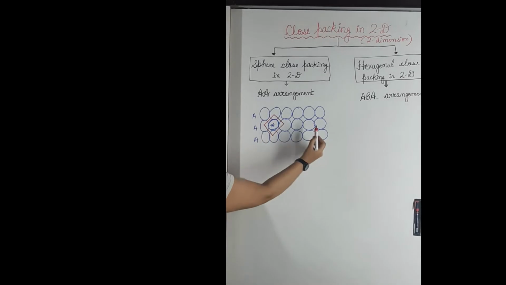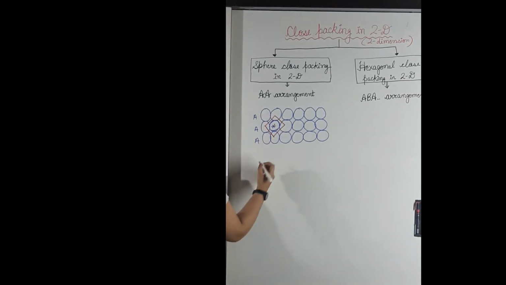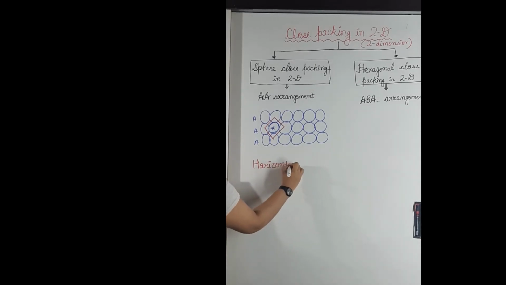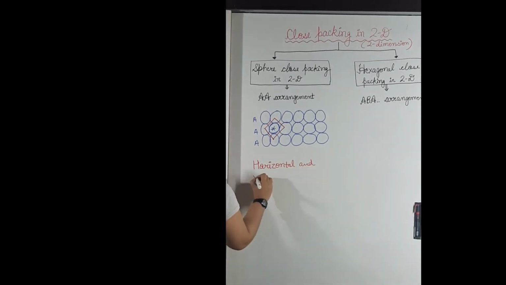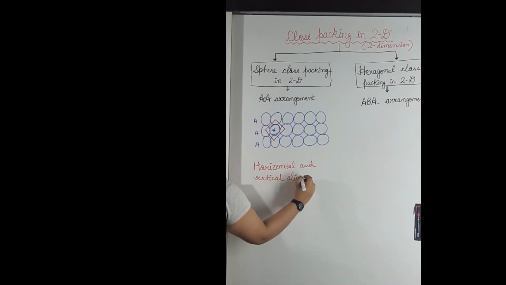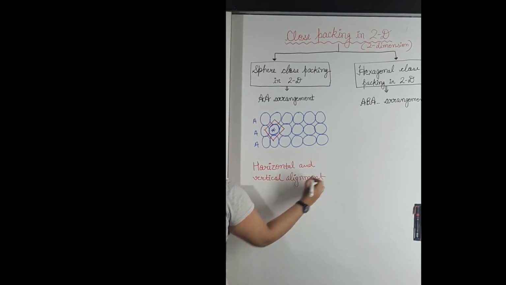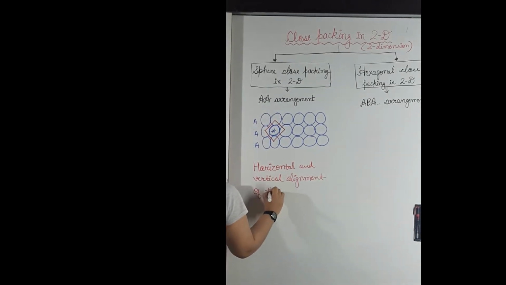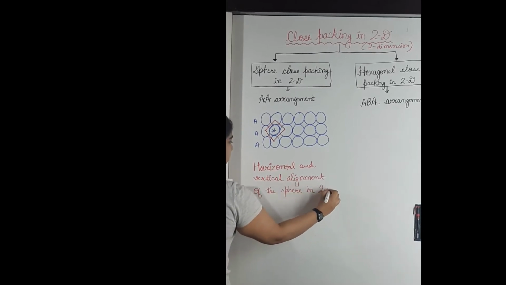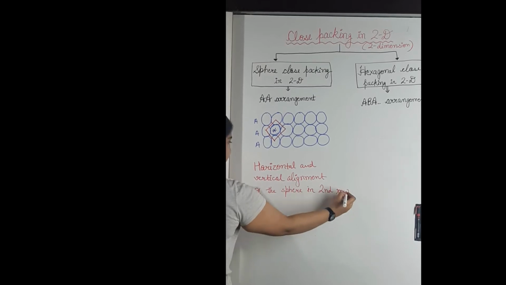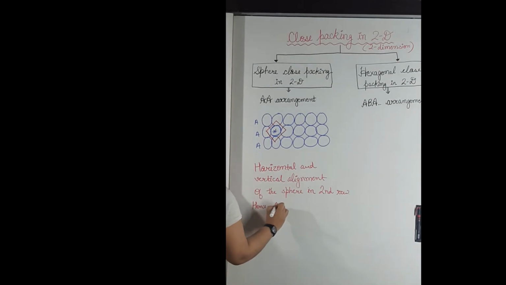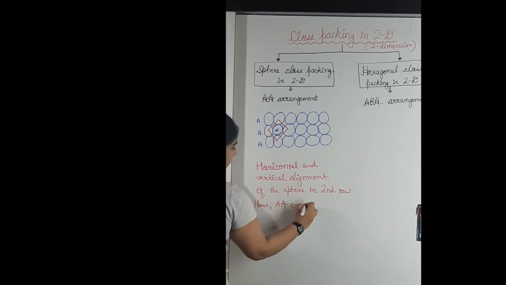Okay guys, so you may note it down that the spheres in the second row are placed in such a way that there is horizontal and vertical alignment of the spheres in the second row. Hence, AA arrangement.